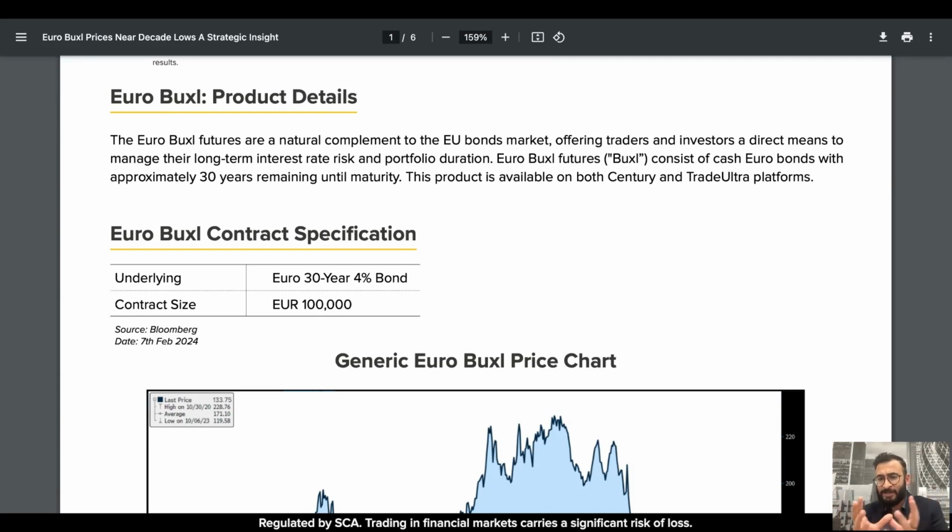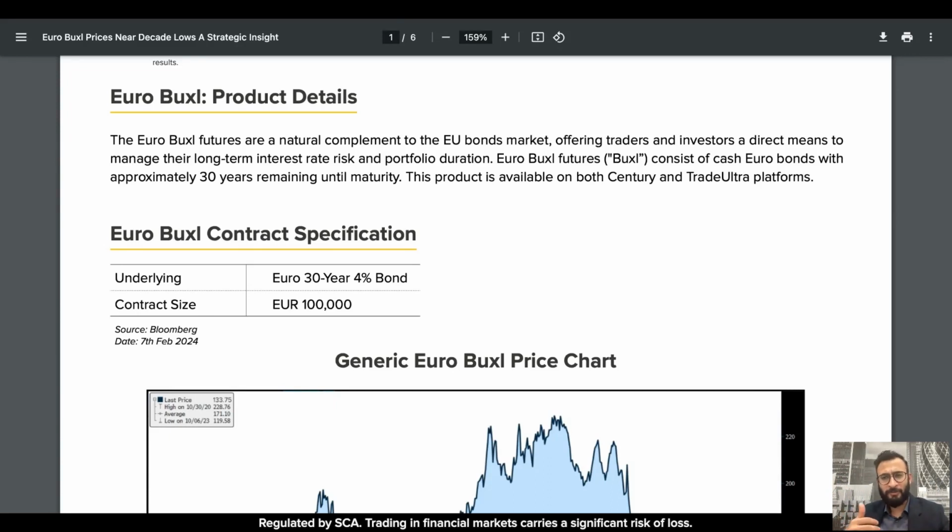It's like a basket where mostly long-term 25 to 30-year bonds are put, and the value of that basket goes up and down on the basis of market forces, and we'll understand what these are. But please be very clear that when you buy Euro Buxl on your trading platforms, you're not paid any coupon because it's just a derivative. The underlying asset is the European bonds, but it is in the form of a CFD.